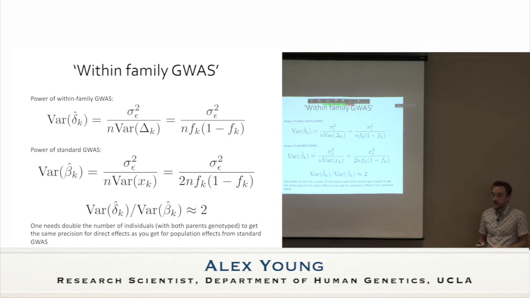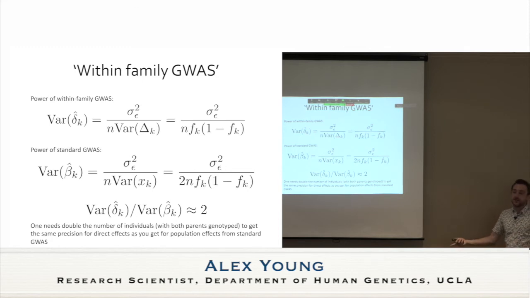And then even within that subsample, you're only using the within family variation to estimate the direct effects. That's 1/2 of the genetic variation you're using in standard GWAS. So even within that subset, the standard GWAS is going to have twice the effective sample size, or your variance for the direct effects is going to be approximately twice that of the variance for the population effect that you're estimating in standard GWAS.